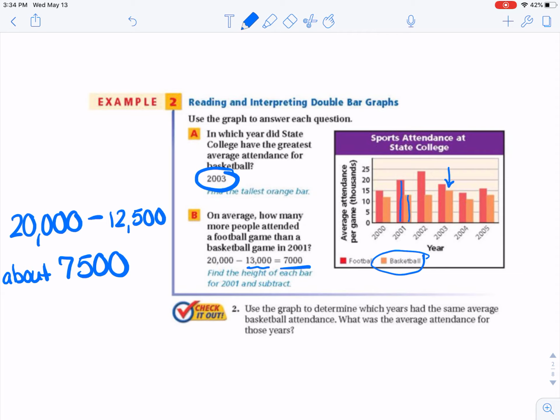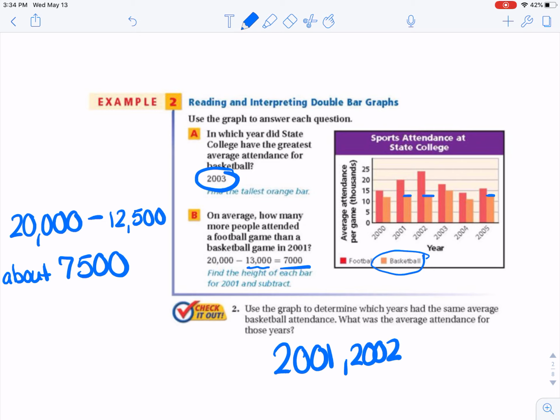All right, next it says use the graph to determine which years had the same average basketball attendance. So you want to look for the two that have the same value. Let me erase some of this stuff. Looking at this one and this one, that's 2001, 2002.